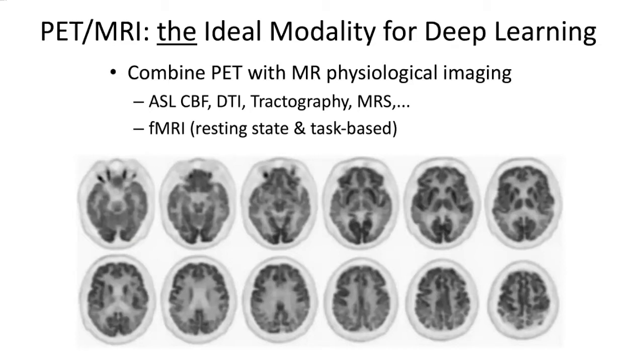So not everyone can have a PET scanner, but a lot of people have MR scanners. So I think that the fact that we can actually acquire this data together makes it very rich data, an opportunity for these data-driven methods.